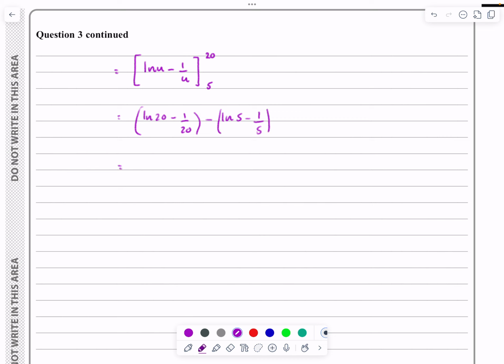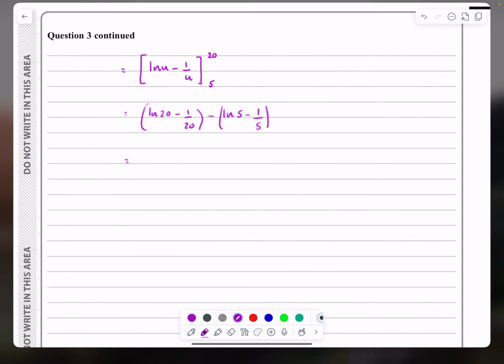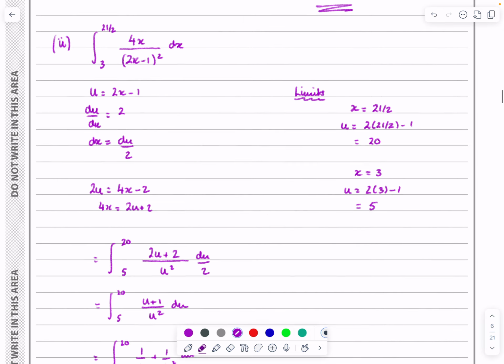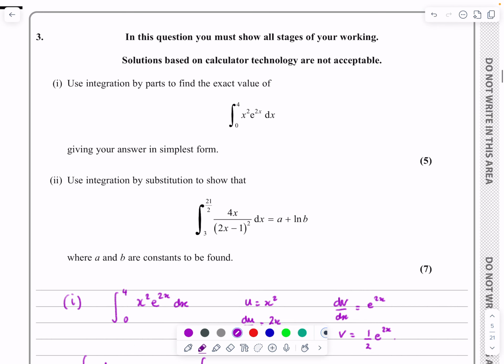Log 20 minus log 5, using our log rules, is log of 20 over 5, so that's log 4. Then minus 1 over 20 plus a fifth works out to be plus 3/20. So I've got that in the format they wanted. 5 marks and 7 marks. Hopefully all of that makes sense to you.